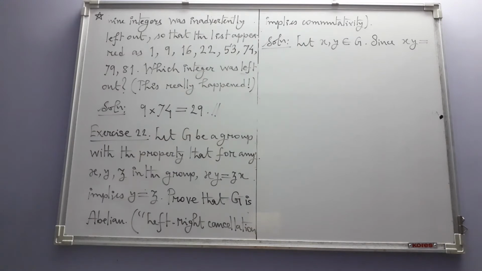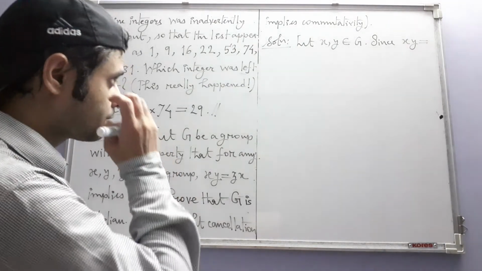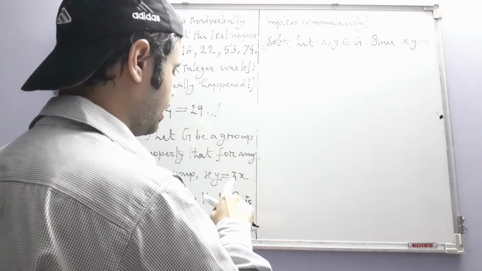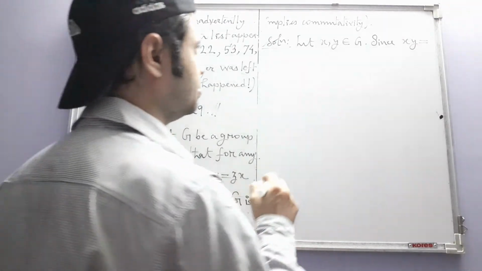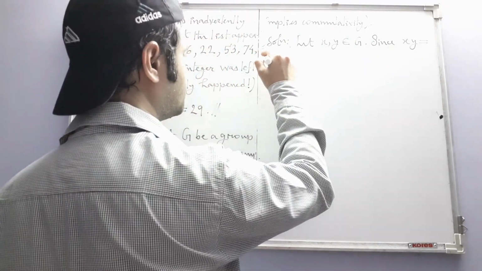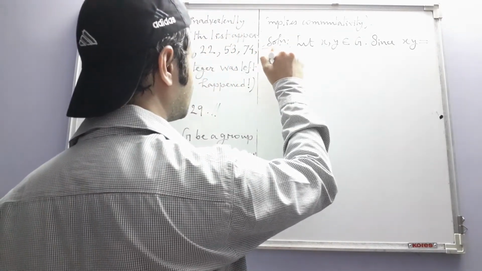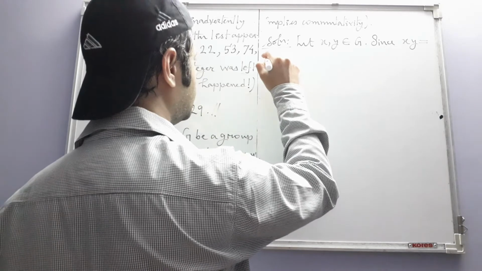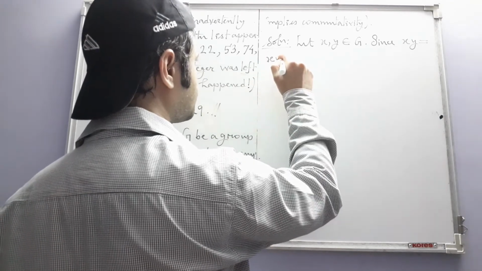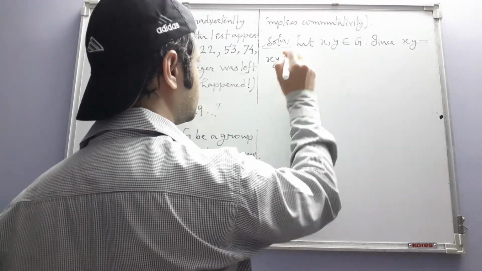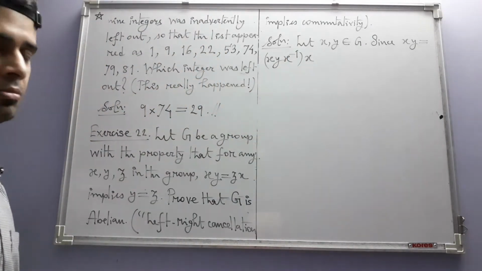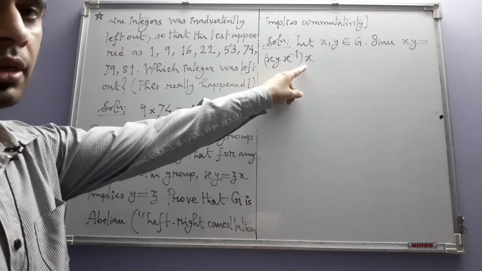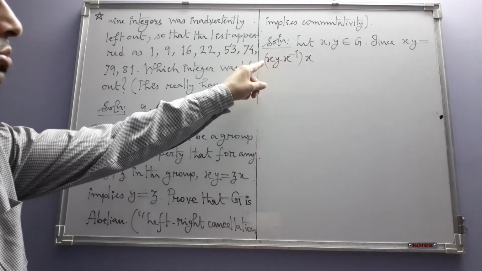From that we will somehow try to derive commutativity. Now xy can be written as something times x. What is that something? Clearly that something can be taken as this xy x inverse x, because x inverse and x will cancel out, leaving us with xy.